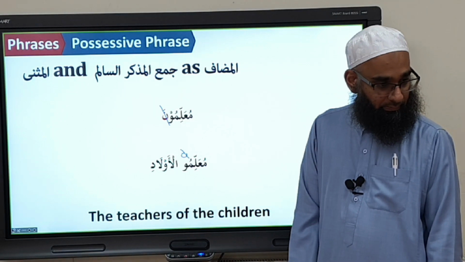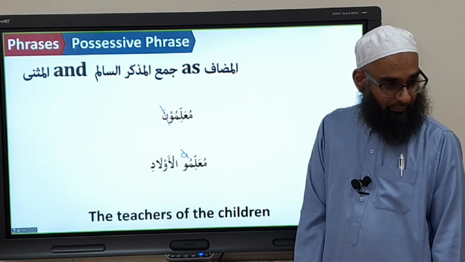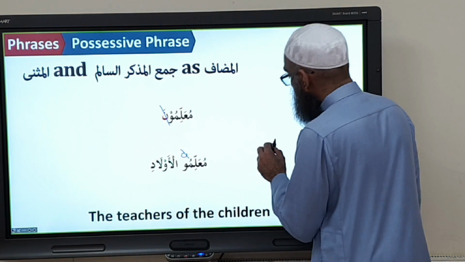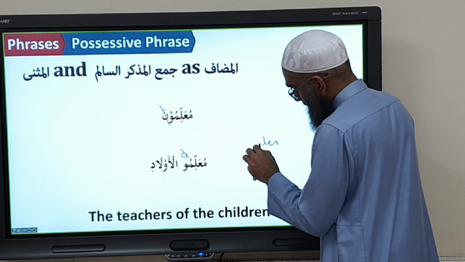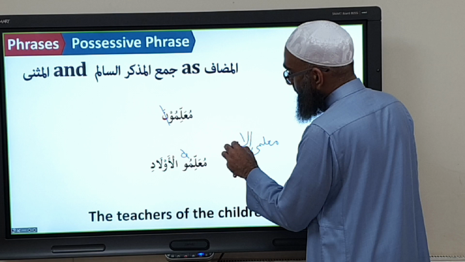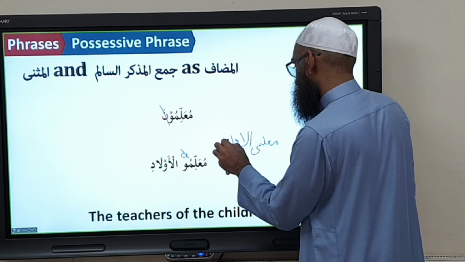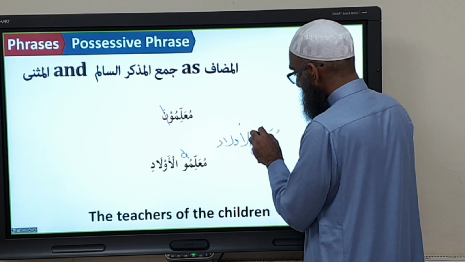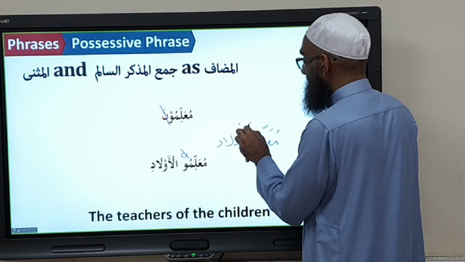Make sense? What about when it's mansoob or majroor? Then it becomes muallimil awlad. So in pronunciation, his question is, what happens when it's in the mansoob state? It becomes muallimil awladi.